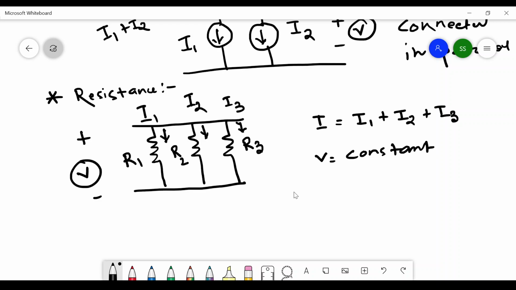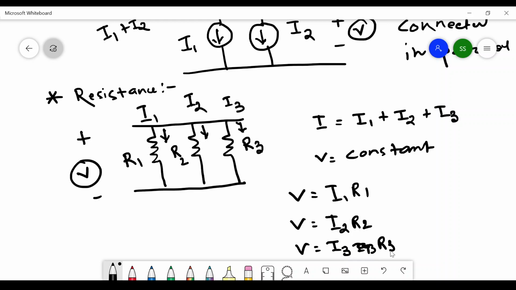V equals, for the first resistance, I1 R1. For the next resistance, I2 R2, and for the third one I3 R3.